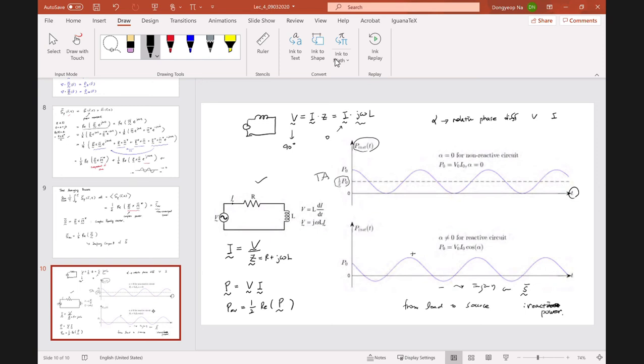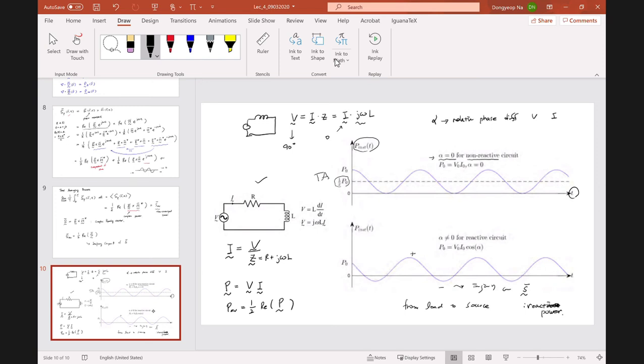That means we usually call inductance and capacitance reactive terms. So in a circuit, if we don't have any reactive term, then there is no phase delay between voltage and current. In this figure, alpha equal to 0 describes that situation. And in that case, we don't have a negative power.